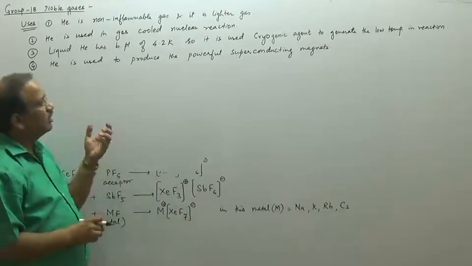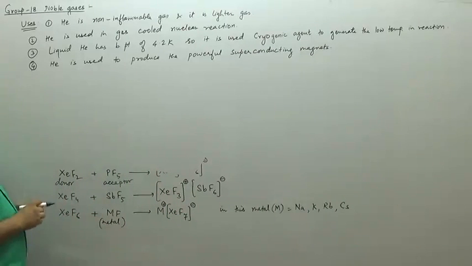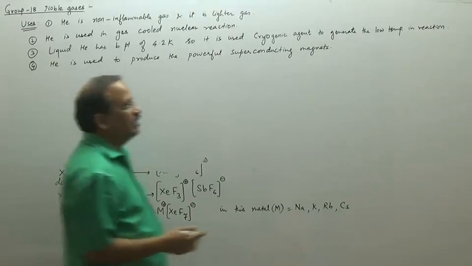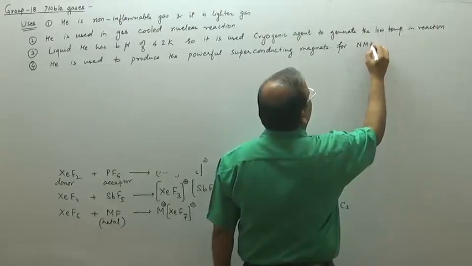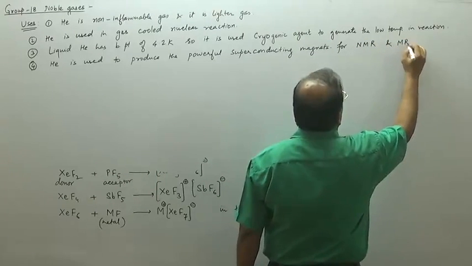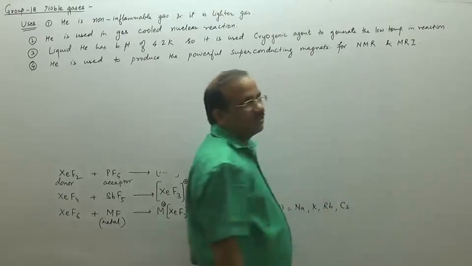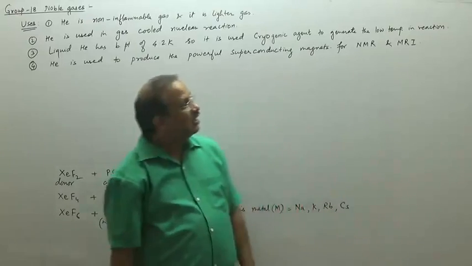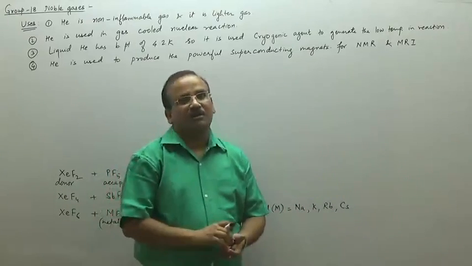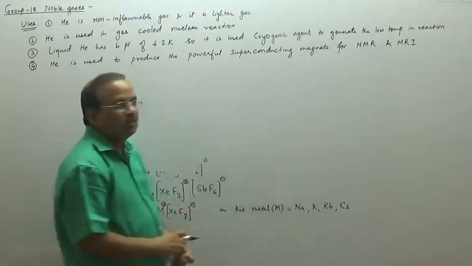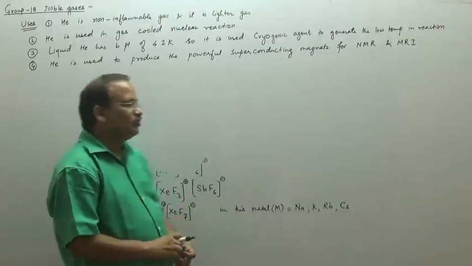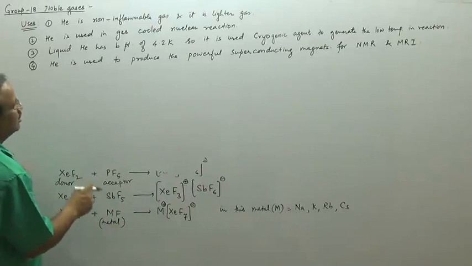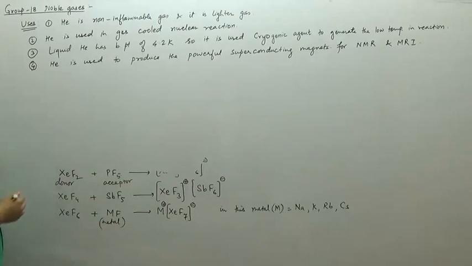So it is used for producing the superconducting magnets. We know that these are used for NMR spectroscopy and magnetic resonance imaging. NMR is nuclear magnetic resonance and MRI is magnetic resonance imaging. So it is used in NMR and MRI, to make those superconducting magnets.